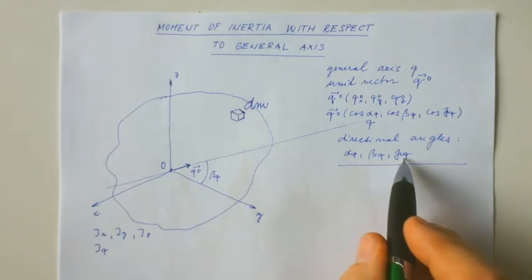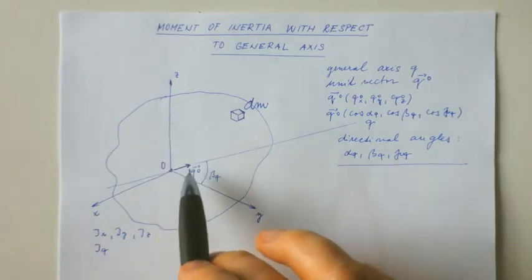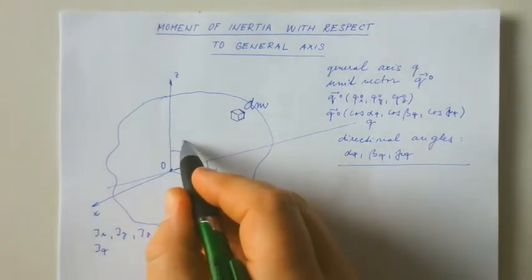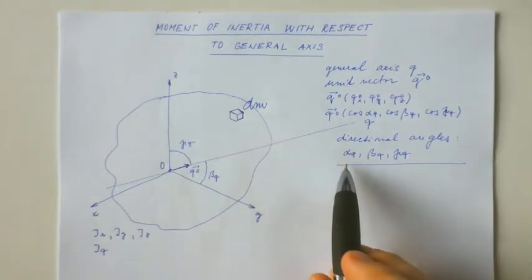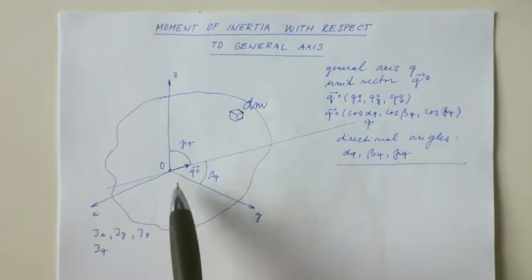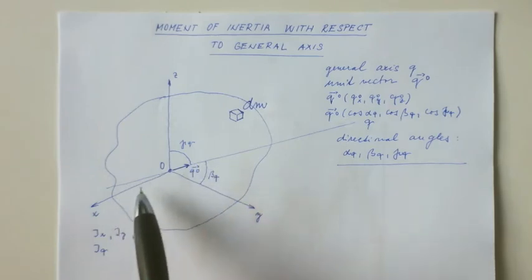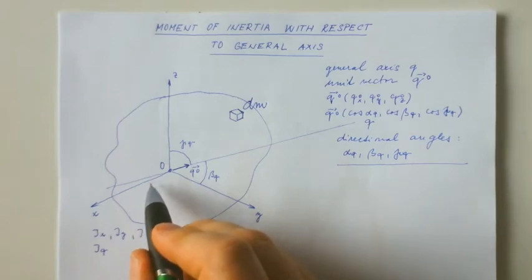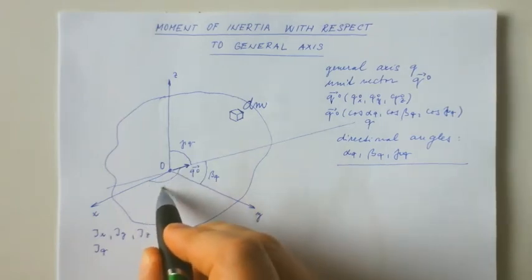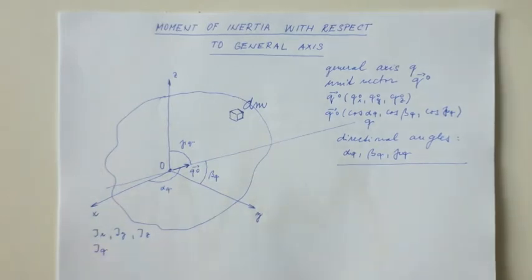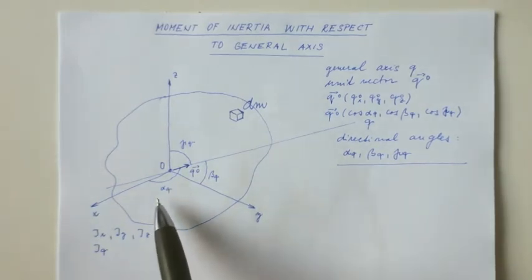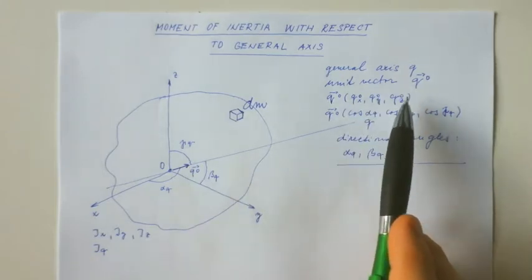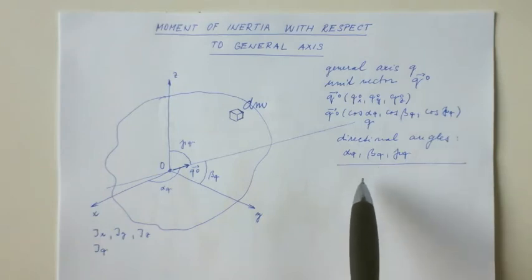Gamma q is the angle between q and the z-axis. So gamma q is here. And finally, alpha q is the angle between our axis q and the x-axis. So this is alpha q. And the cosines of these angles are the components of the unit vector of the axis. So it's nothing too complicated.